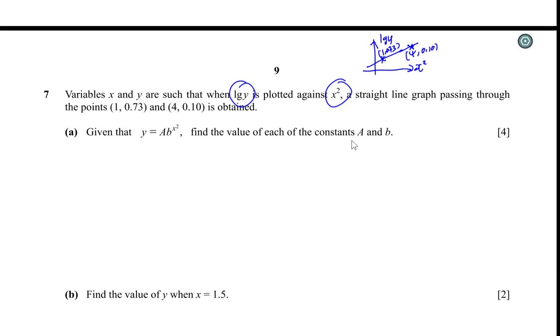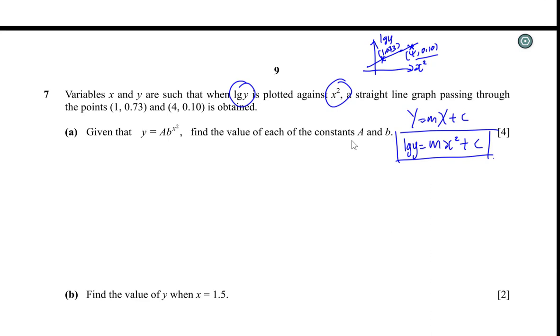Then the next thing is we need to change our equation into that pattern. If I do this into y equals mx plus c, my y will be log y, my m will be my gradient, which I can get from these 2 points, and my x will be x squared, plus c. I need to have an equation like this, which I can easily get from the sentence here.